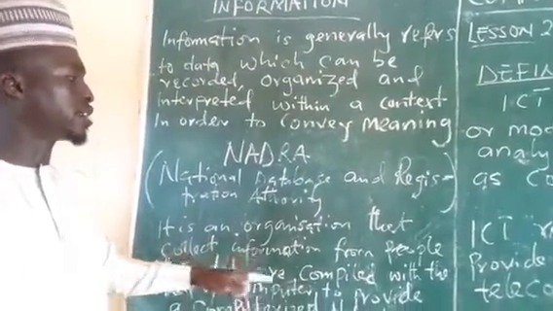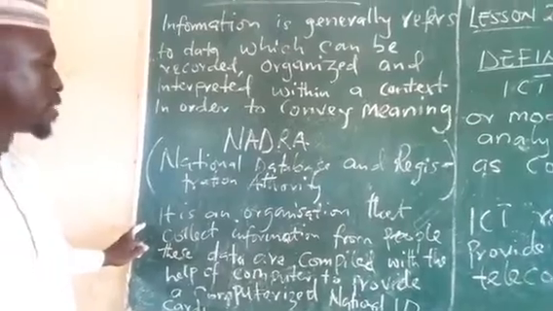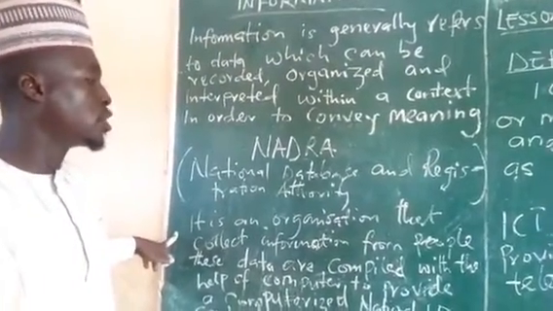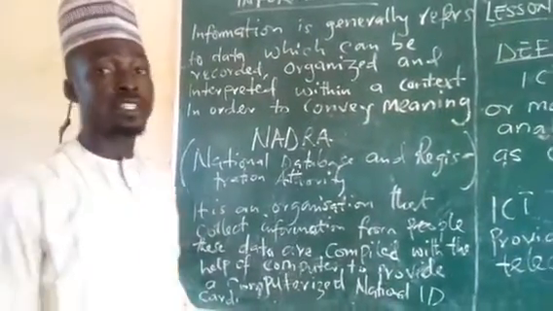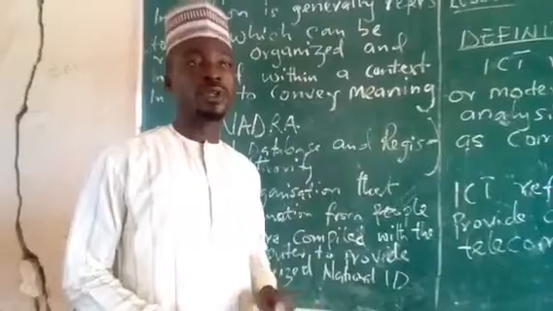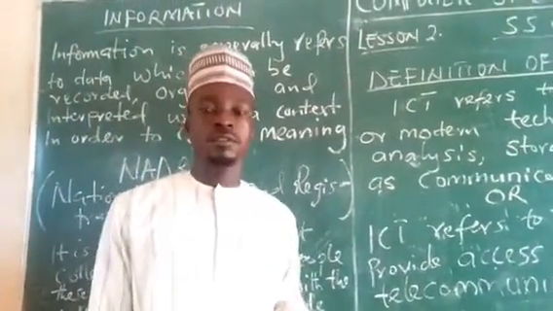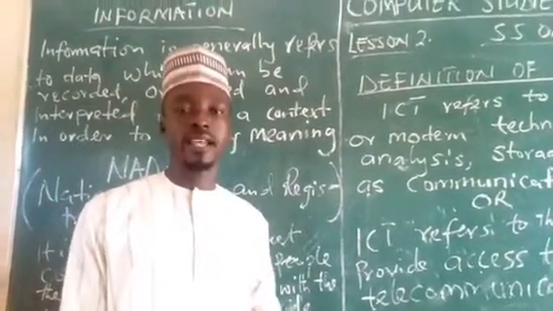This is an organization that collects information from people. This information is compiled with the help of computer to provide a computerized national ID card which holds the information about everyone.